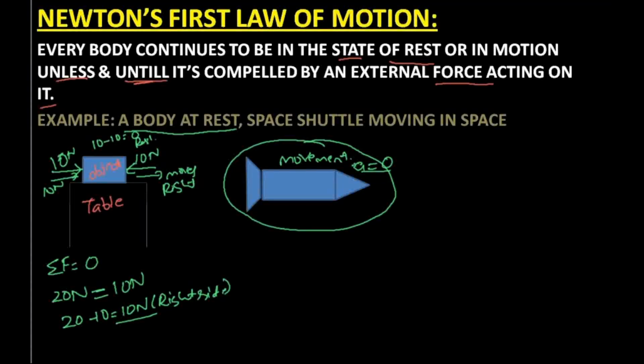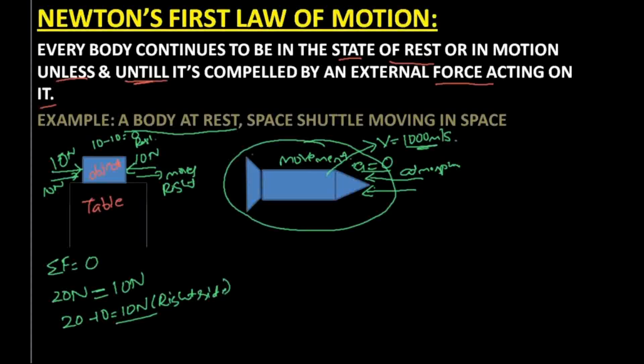Suppose a force is applied from the opposite direction. Think of air drag appearing when it enters some atmosphere where air drag is there. Suppose this spaceship is moving with a velocity of 1000 meter per second.